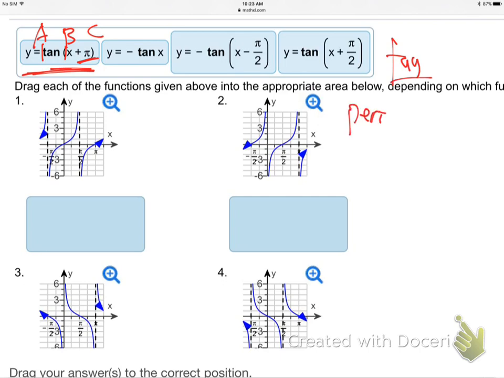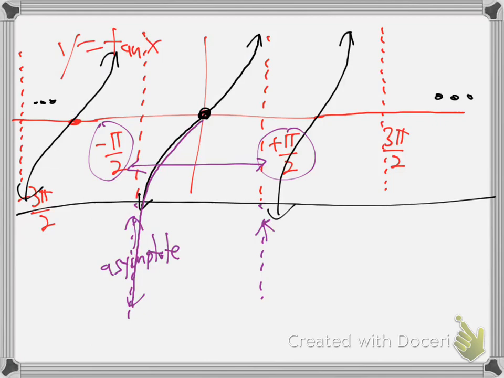The period of tangent, do you know how wide is one cycle for tangent? Look back at the graph here. It goes from negative pi over 2 to positive pi over 2. What is this width? This is one period, one cycle. If you go from negative half a pi to positive half a pi, how much ground did you cover? Pi.